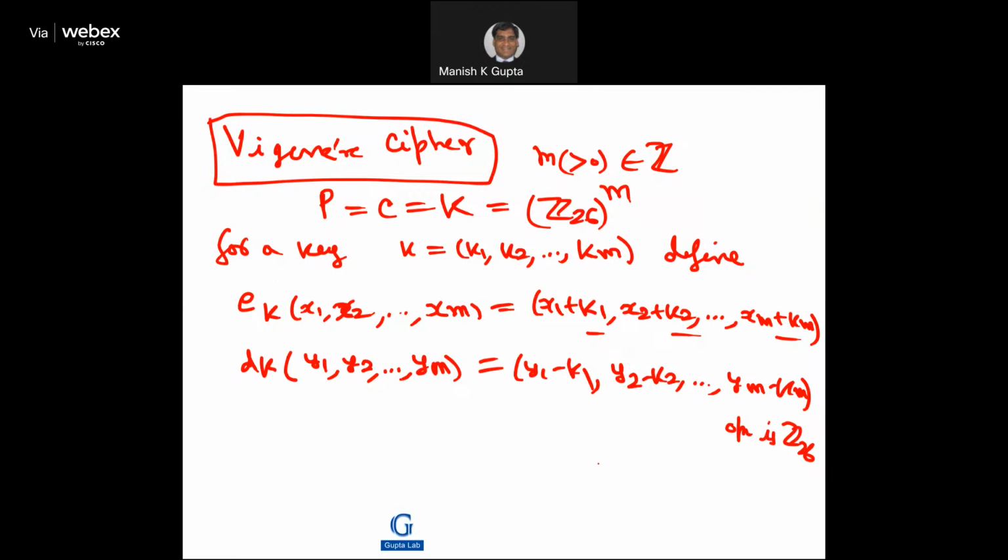Then this encryption rule is just we are adding K1, K2, Km, right? So basically, this key is important. So K1, K2, Km is also important. So if you want to break this crypto system, if somebody can give you K equal to K1, K2, Km, then you are done, right? You can actually decrypt everything. So we will see how to guess this M and K both, so that you can decrypt the whole thing.